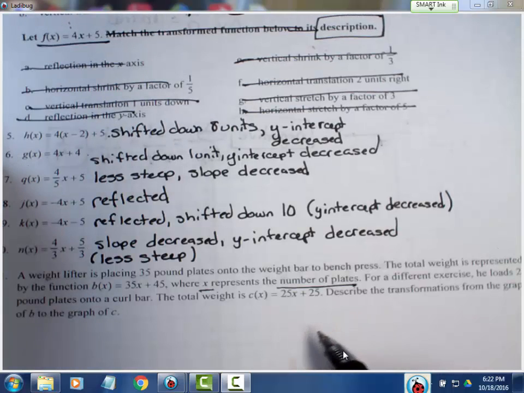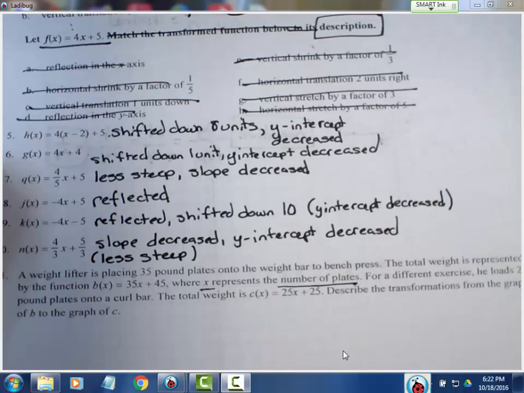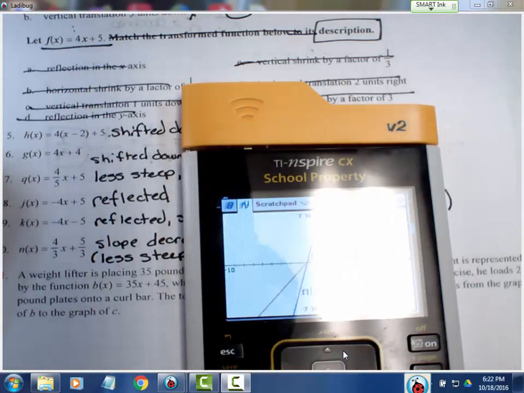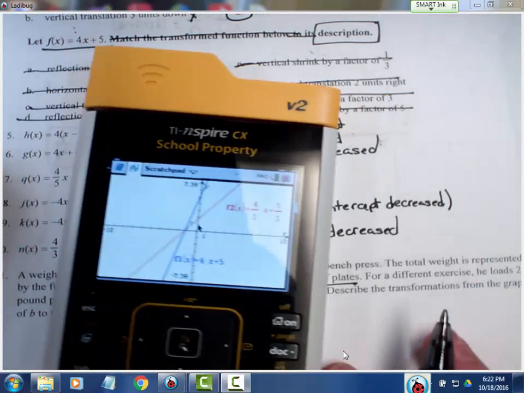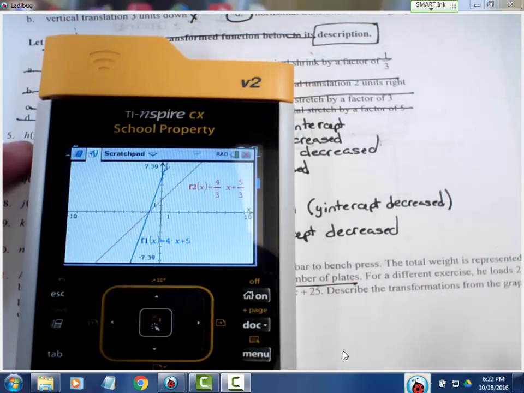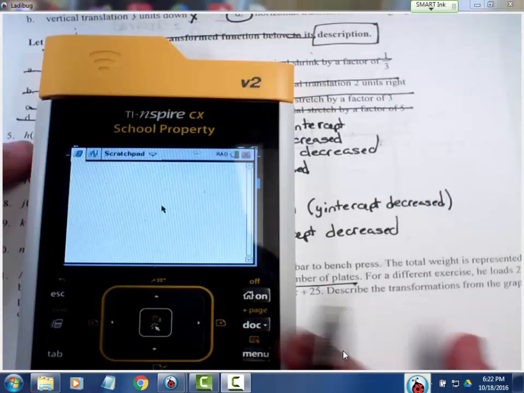Okay, so I think the easiest way is just what we did on the last ones, is to take our calculator, go to our graph. Okay, I'm going to go ahead and do a doc B to get rid of everything on the graph. Okay.